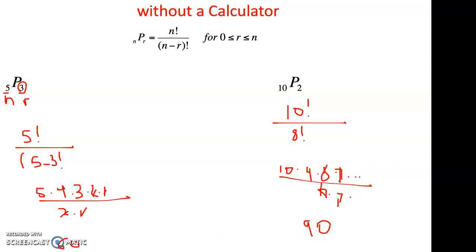With a calculator, you're going to go to math. Actually, before we go to math, you're going to first put in your n in your calculator. So you'll put 10 on your main screen, and then you're going to go to math. You're going to go to probability. And you're going to arrow down to number 2, which is NPR.